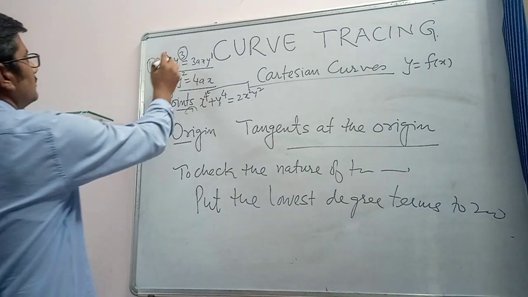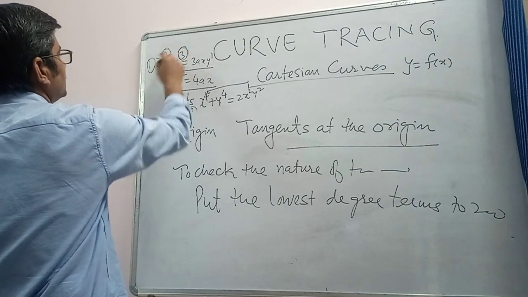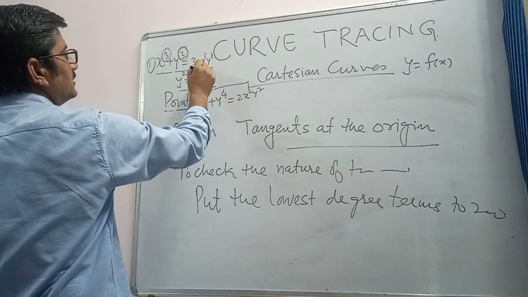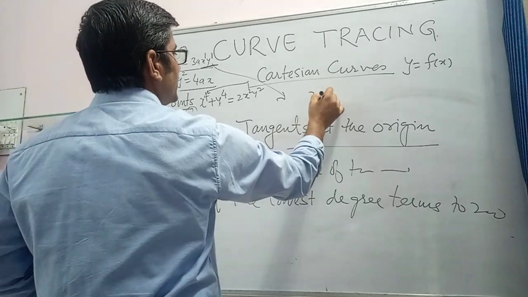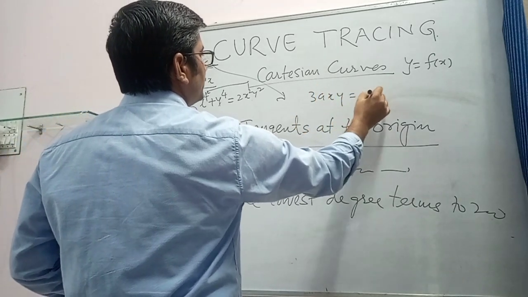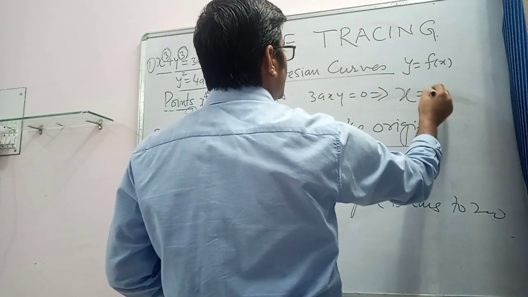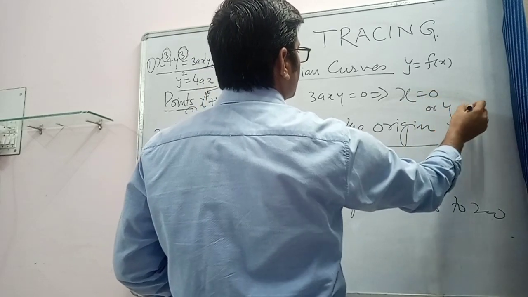So in this curve, this is a third degree term, this is a third degree term, but this is a second degree term. So if you put the second degree terms, means 3axy equal to 0, it means either x equal to 0 or y equal to 0.